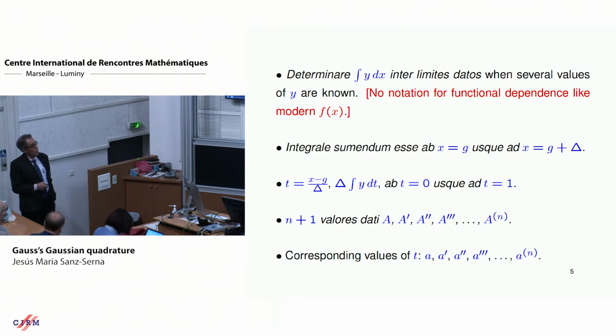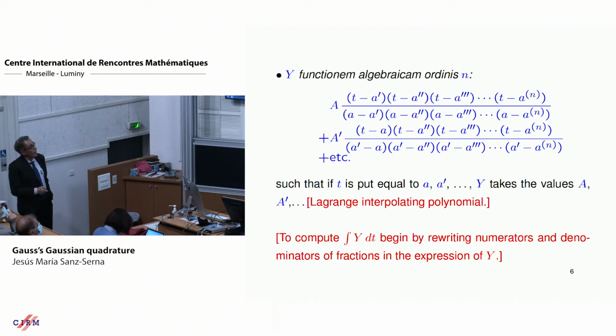And the data is that we are given n+1 values of y and the corresponding values of t, those small letters. So Gauss starts by writing what we would now call the Lagrangian interpolating polynomial, and then he proceeds to compute the integral of the interpolant.